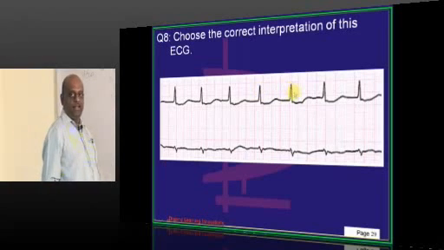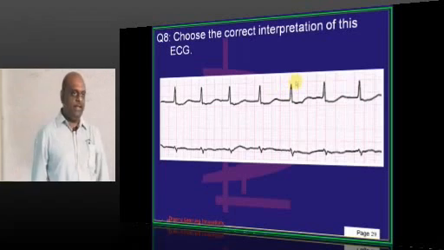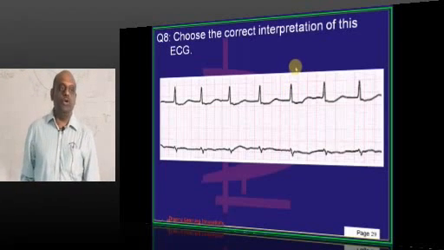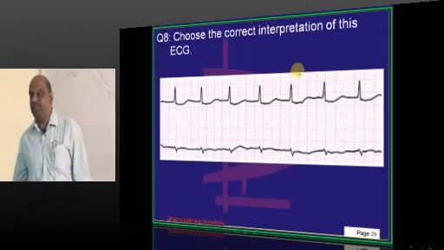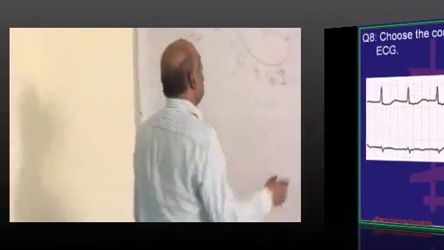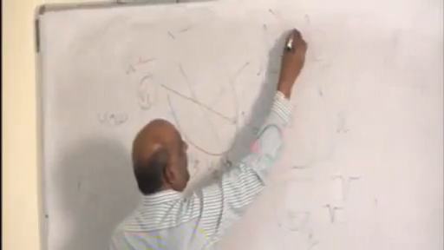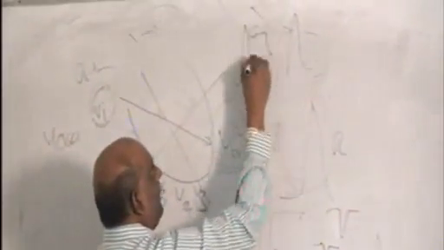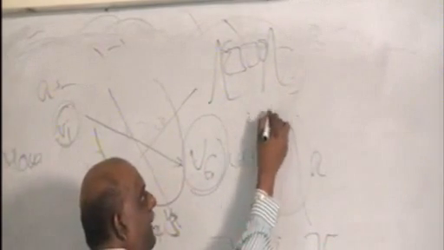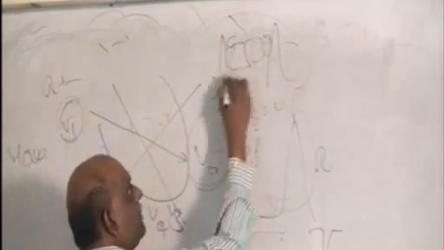That means what is the rate? 300 divided by... you don't know how to calculate heart rate. That is a very important thing. You take 2 consecutive QRS complexes, and between the two you count how many large boxes there are. 300 divided by the number of large boxes between 2 consecutive QRS complexes will give the heart rate, that is one way.